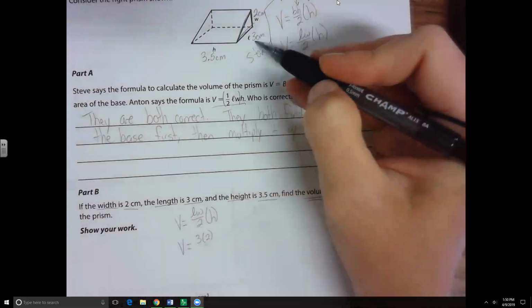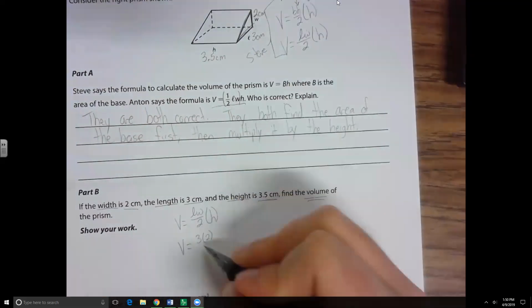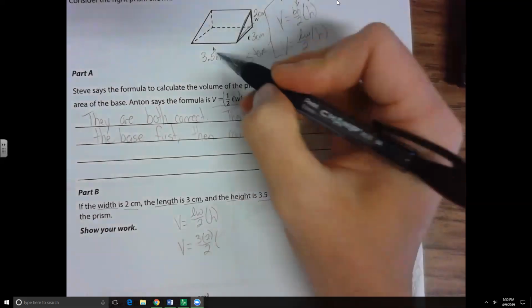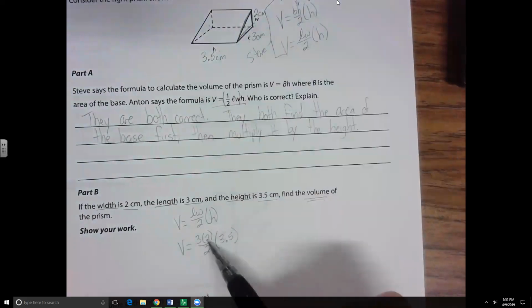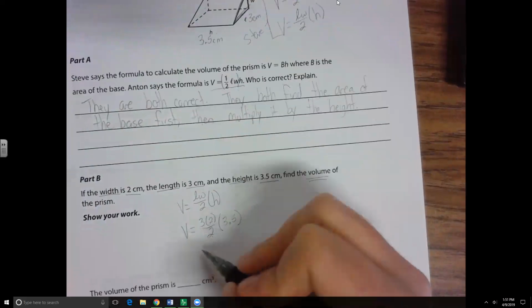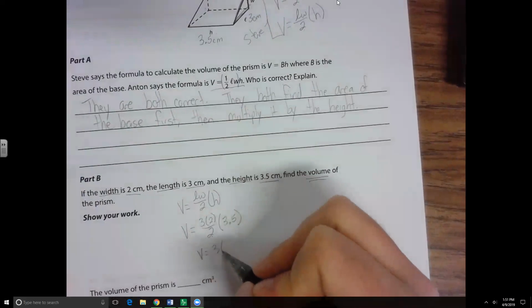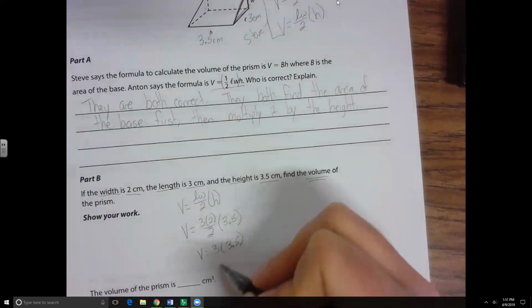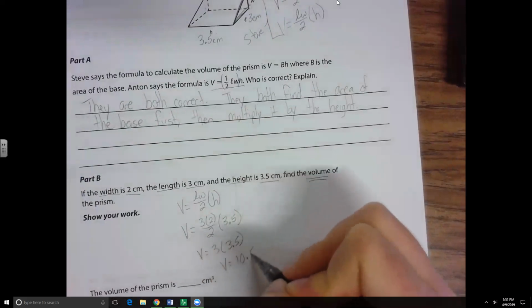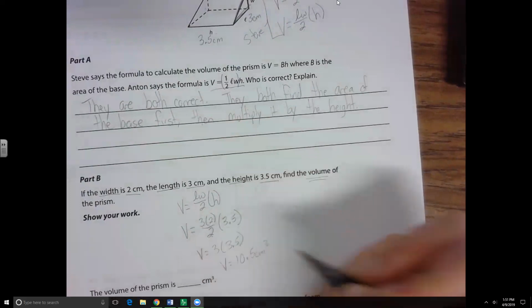Length is 3, width is 2, and divide that by 2 and multiply it by the height, which is 3.5. Okay, so then 3 times 2 gives me 6, divided by 2 is 3. So 3 times 3.5, my volume equals 10.5 centimeters cubed.